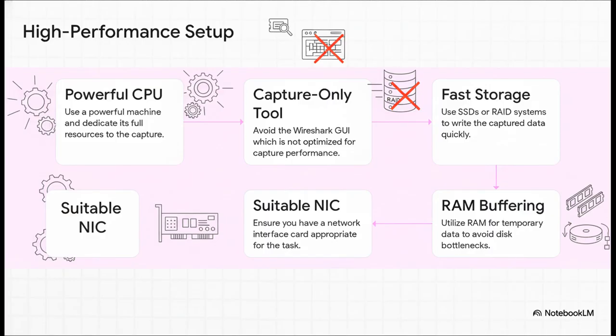You need a powerful, dedicated machine just to grab the packets. You're going to use a lean, mean tool like tcpdump, not the heavy Wireshark GUI, to make sure the capture itself is lightning fast. And then, you need some seriously fast storage, like an SSD, to write all that data down without falling behind. It's all about making sure there are no bottlenecks anywhere in the process, from the wire to the disk.